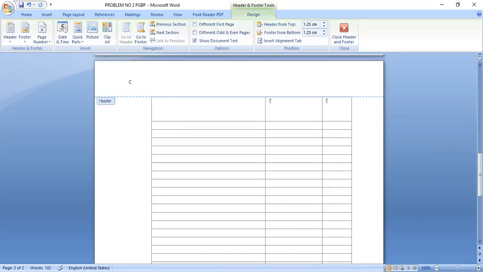Computation of income from business for the assessment year 2021.